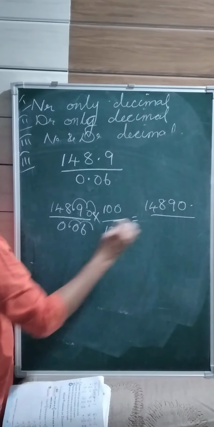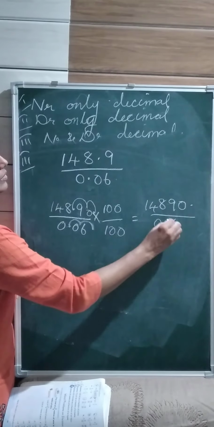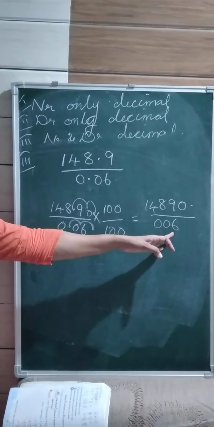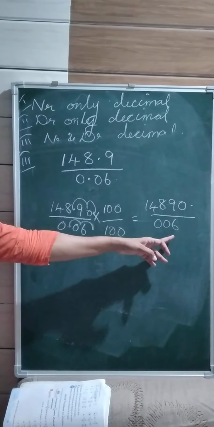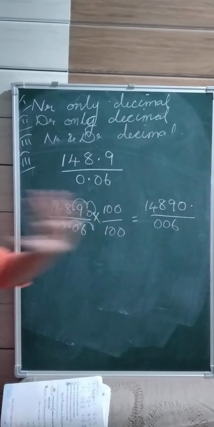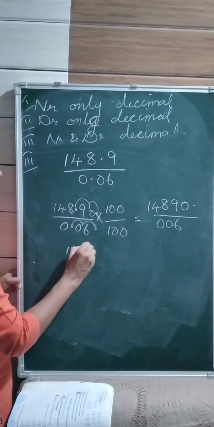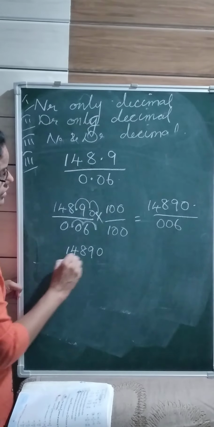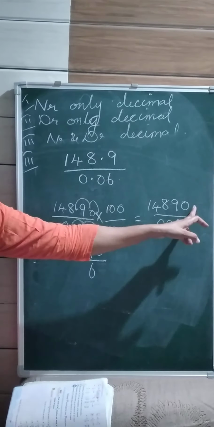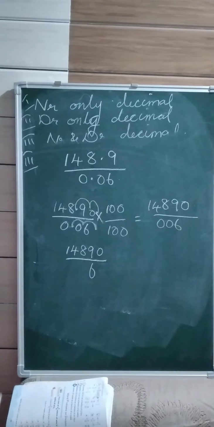Then here also 2 places, that means 006. Now the denominator is a number without a decimal. So you can write 14890 by 6, since 006 means 6 itself. There is no value for the decimal, so you can remove it.